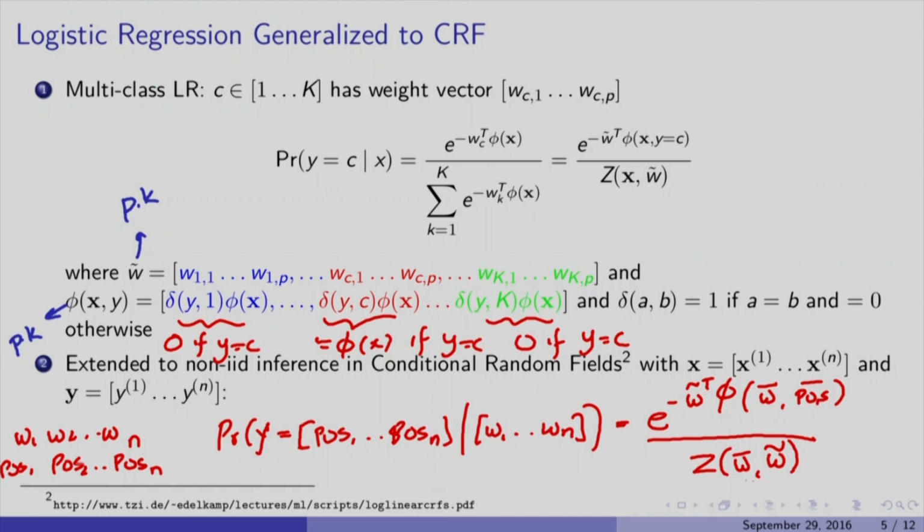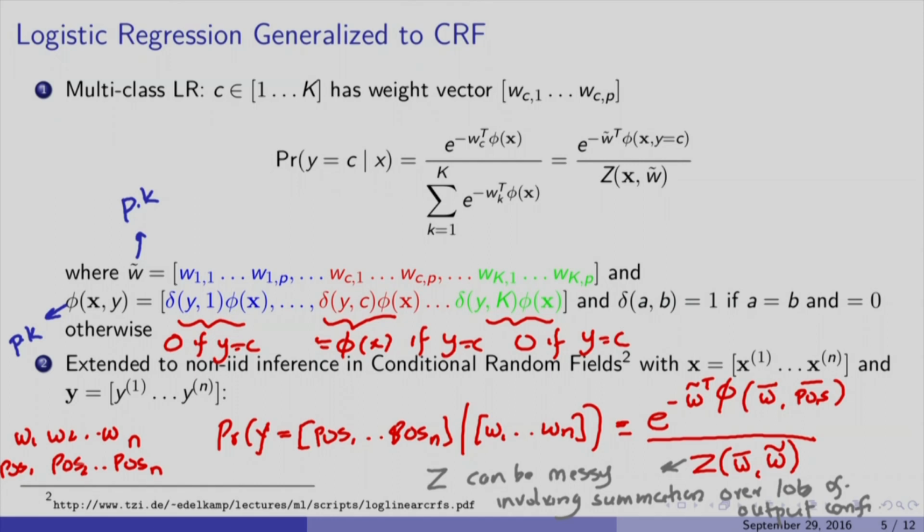Now the Z can be slightly messy to handle because the Z will involve summing over all possible output configurations. So the disclaimer here is Z can be messy or non-trivial to compute, involving summation over lots of output configurations.